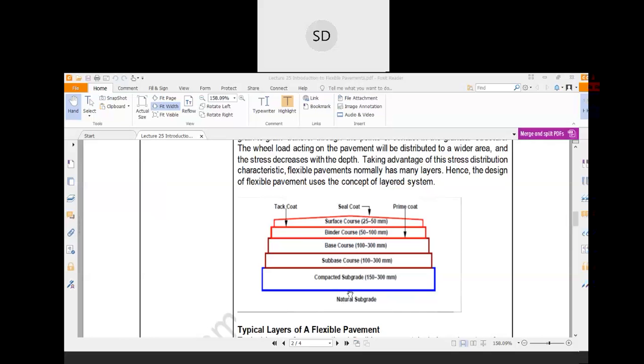Now that portion is called compacted subgrade, and generally the depth of that layer varies between 150 to 300 millimeter.